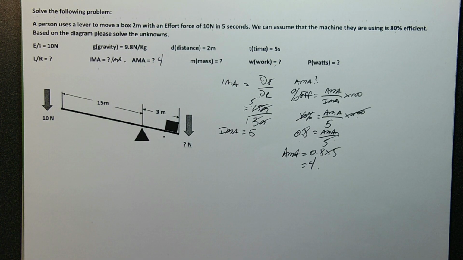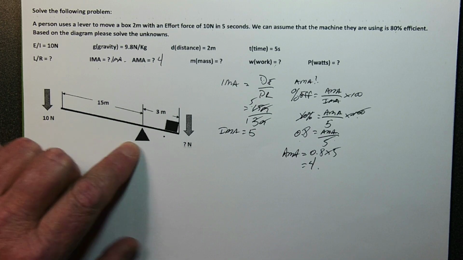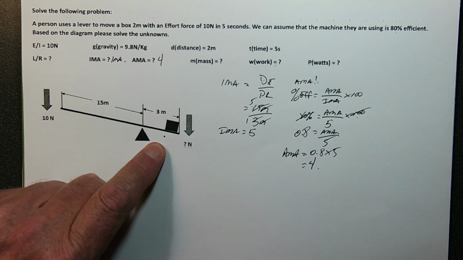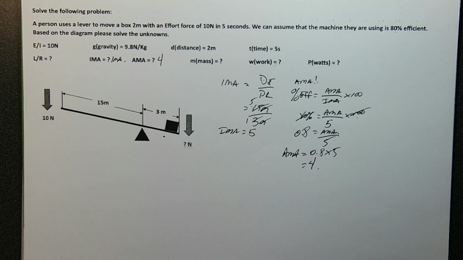But what we don't know now is our load on the resistance arm. So in order to find that, we're going to have to use some more of our formulas. If we look at our formula for AMA, so now we're going to find our force output.